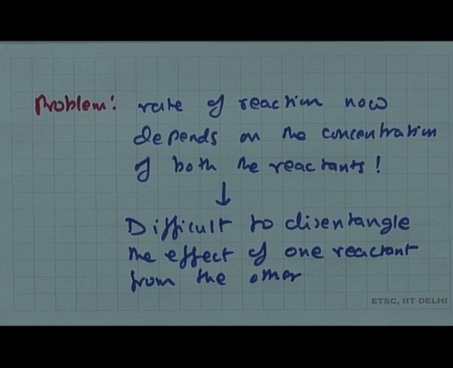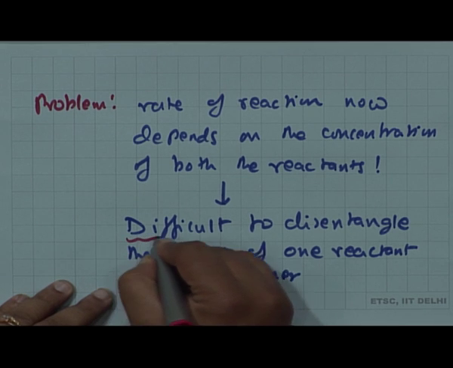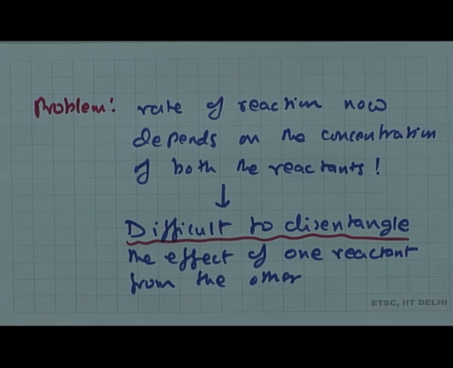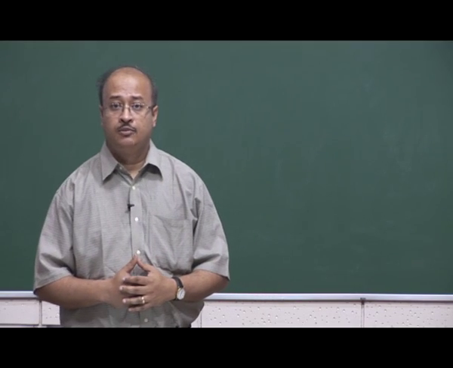If the rate depends upon both A and B, it is difficult for me to separate out the individual contributions of these two reactants to the total rate. That is why it is difficult to disentangle, but there are always ways to tackle problems like this.